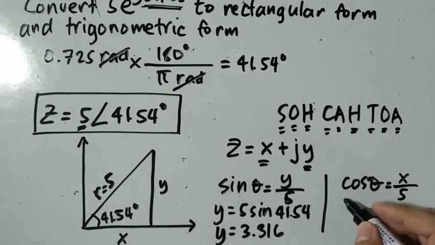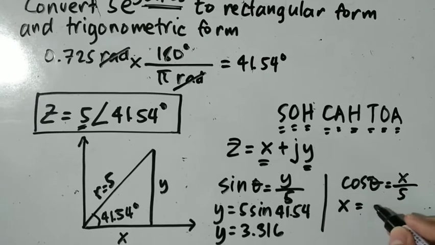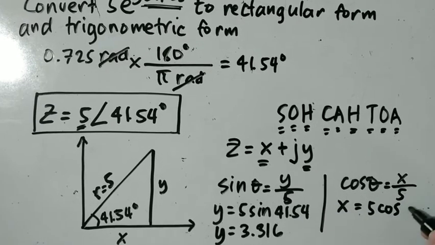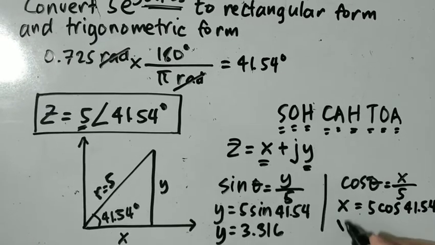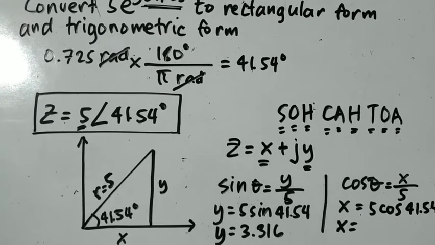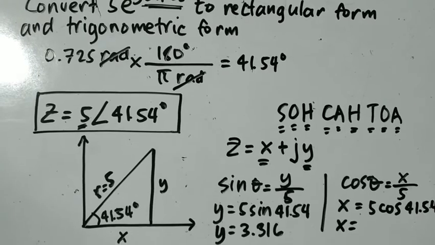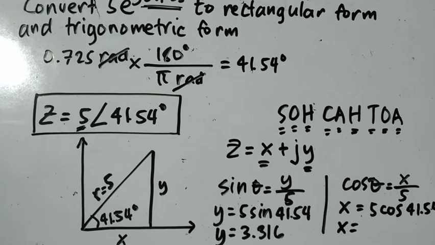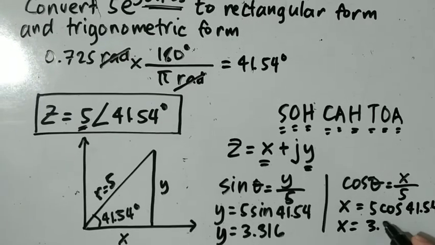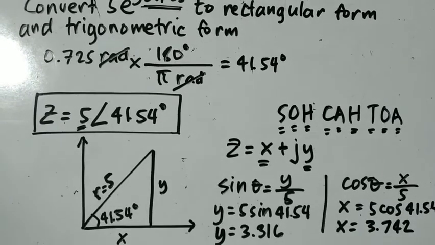And x now is equal to 5 cosine of the angle again, 41.54 degrees. Using your calculator, we get x equal to 3.742.